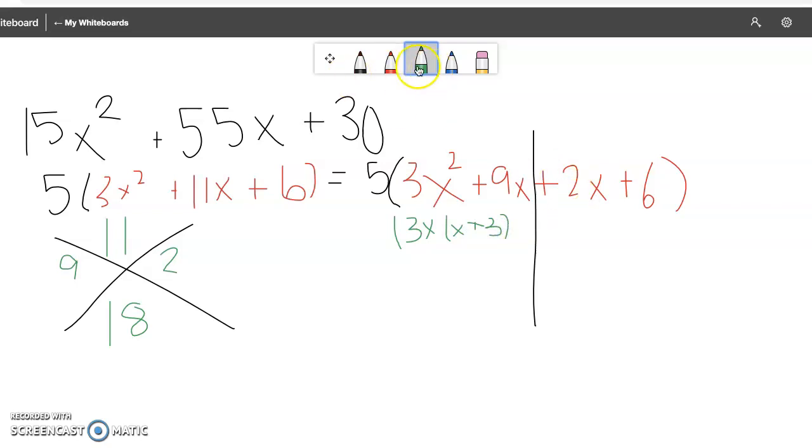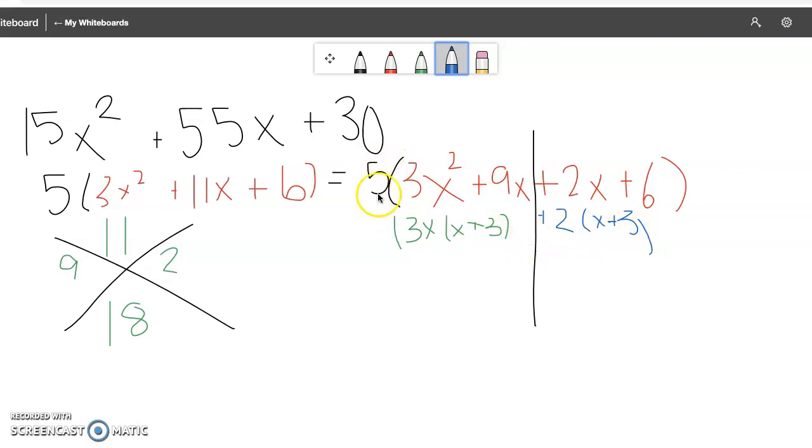And then on the right, we are going to be factoring out a positive 2 between 2x and 6. So we're going to be left with x plus 3. We know we factored correctly because our parentheses match up.